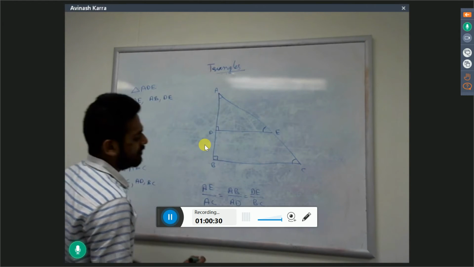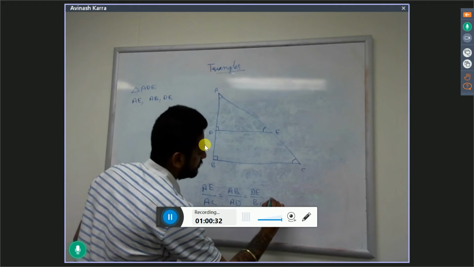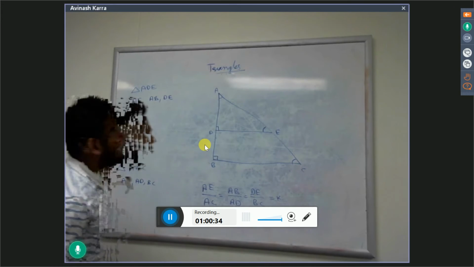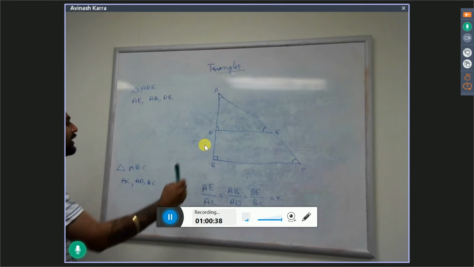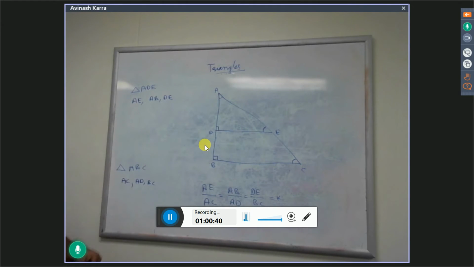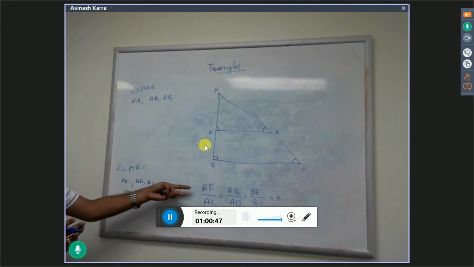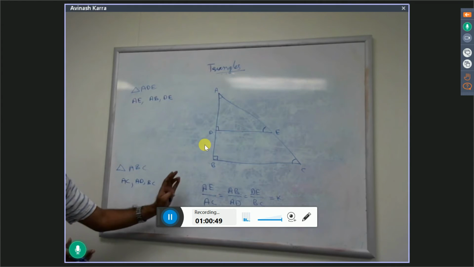Let it be some constant. Two triangles, it might be a right angle triangle, or it might be whatever triangle. Two triangles can be similar if the corresponding sides are in the same ratio.